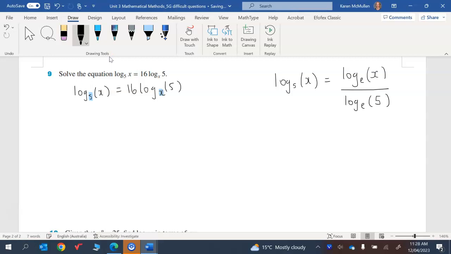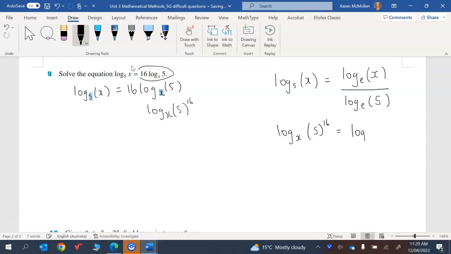So that's the first log. Now, rewriting the second one as 16 log base x of 5, and then we can put the power of 16 up there. I'm going to do that as well. Good luck doing 5 to the power of 16; we can just leave it there.